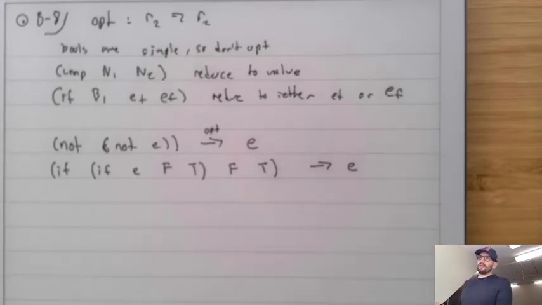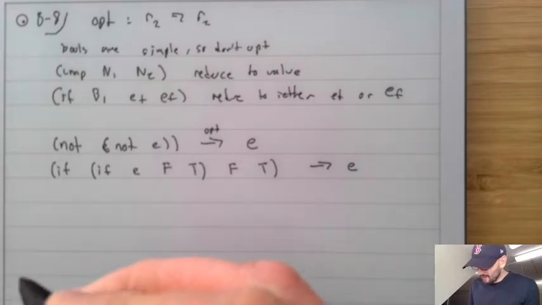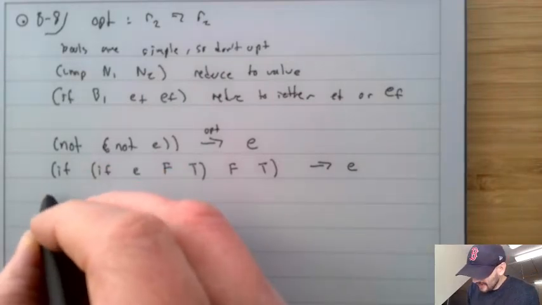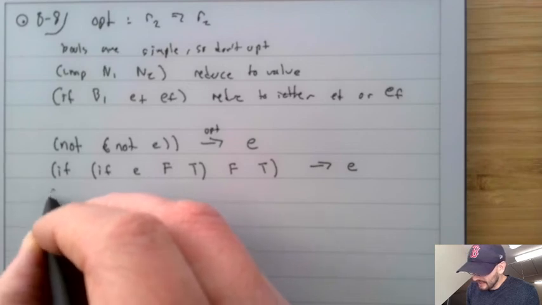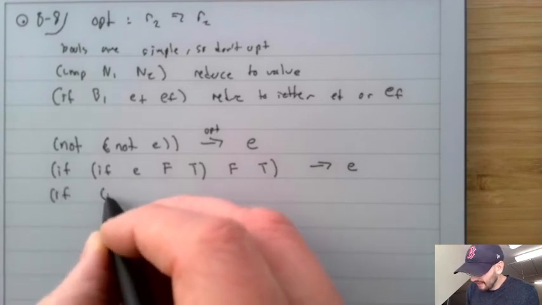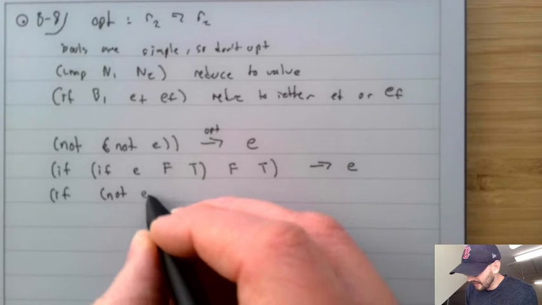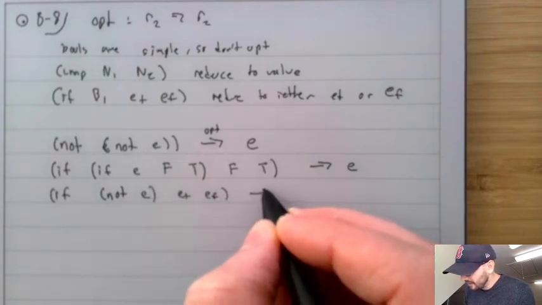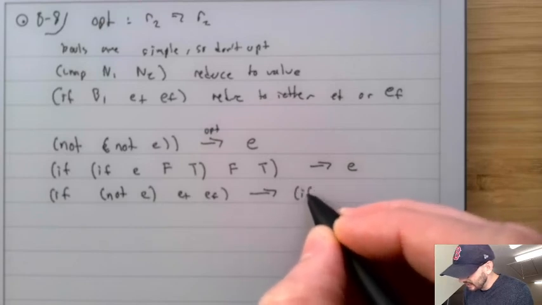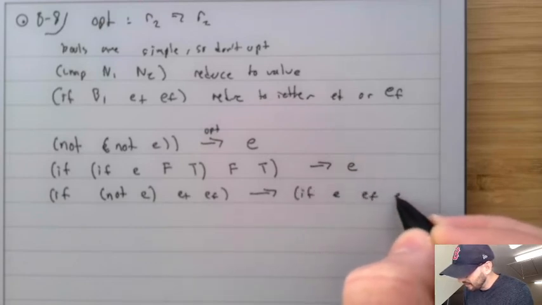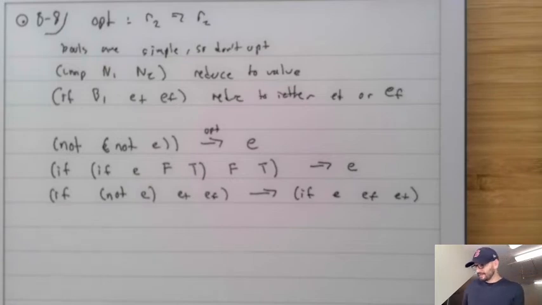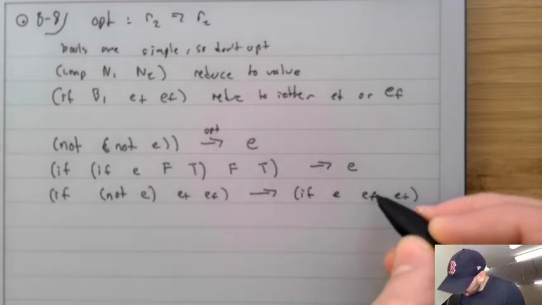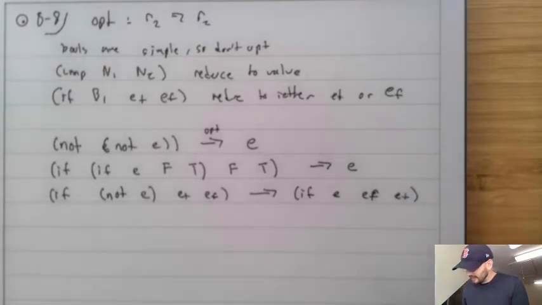Here's another thing that we might like to be able to do. If you have an if and then a not of E with some true branch and some false branch, then we would like to turn this into just an if of the E with the false branch and the true branch swapped. This, by the way, is an if; let me make it really obvious that it's an if by having a really curly thing, because what a not does is it kind of undoes them.